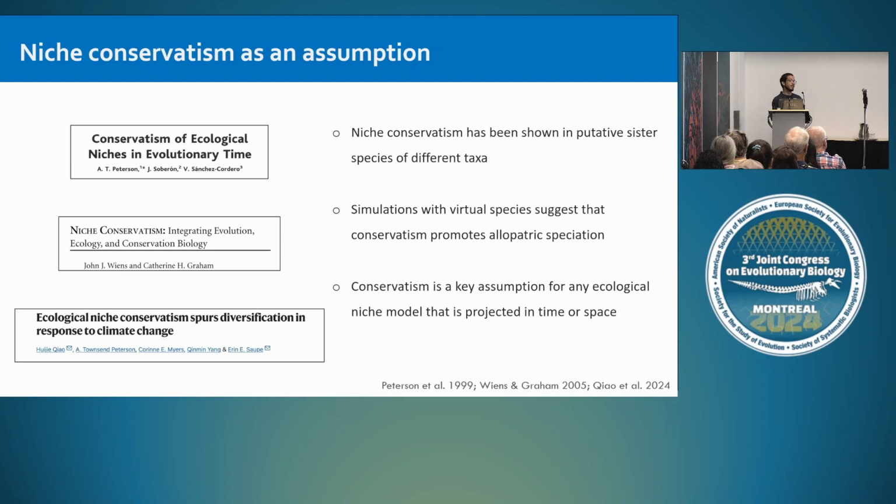So we are assuming that climatic niche is not evolving. And in that sense, it's our tool for time travel, to understand past and future distributions of the lineages of our interest.